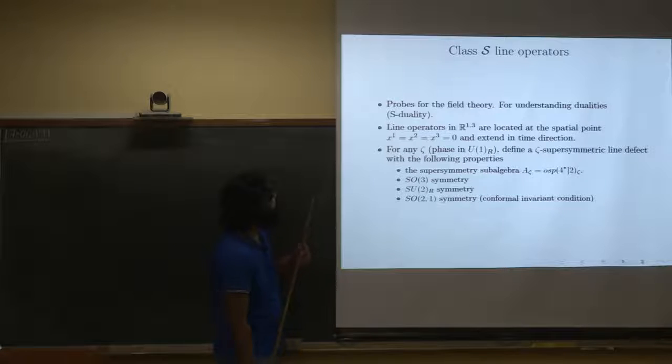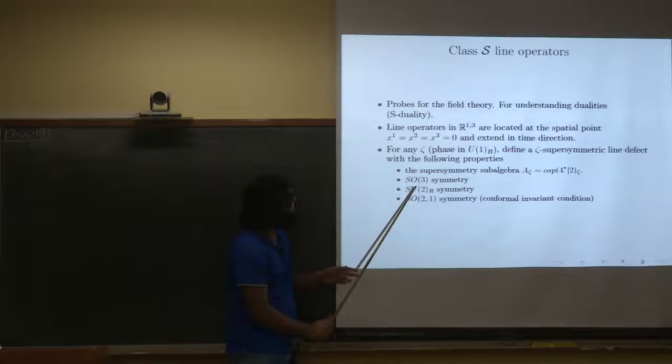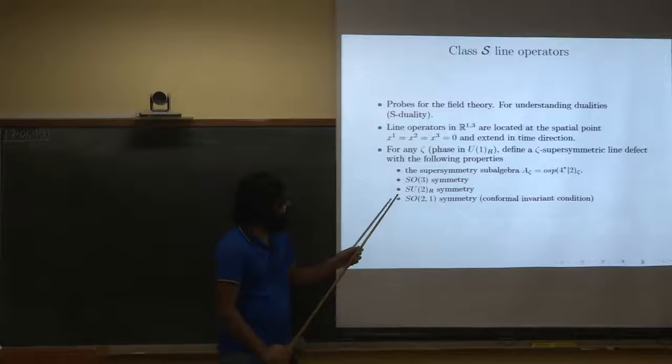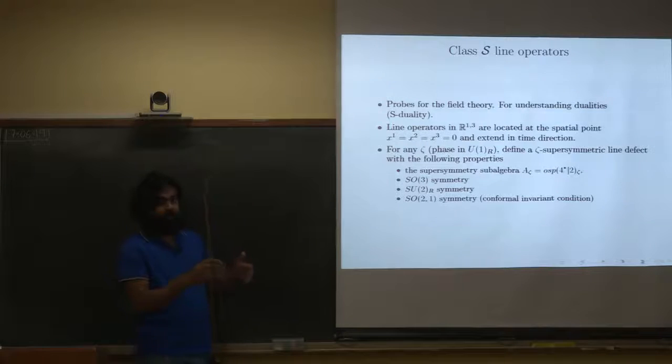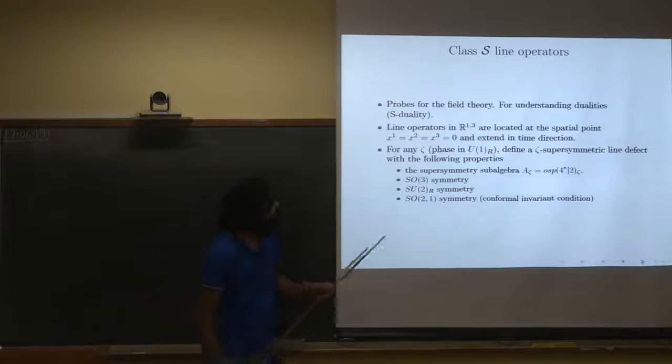But besides that, it also preserves a set of symmetries. First of all, because it's a point, it preserves the SO(3) worth of symmetries about that point. So there we have the SO(3) symmetry. Then it also has to preserve the SU(2)_R symmetry of the original theory, which was there after performing the twist. And then it also preserves the SO(2,1) symmetry.